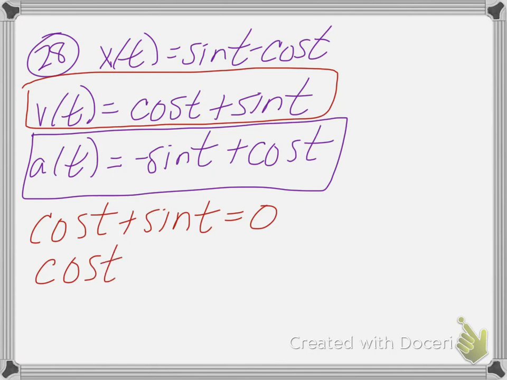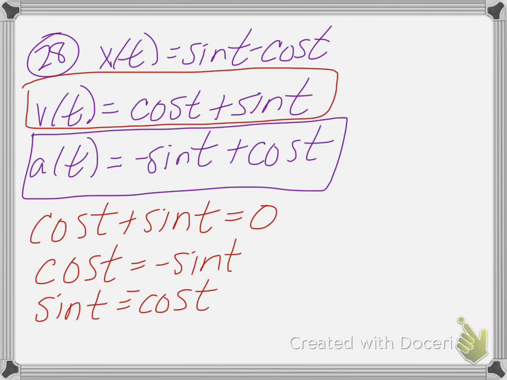So the question is really, when is sine equal to cosine, but one of them is positive and one of them is negative? Okay, because I could have also brought the cosine t over, and that would have been negative. So the question is, when is sine and cosine the same, but one is positive, one's negative?